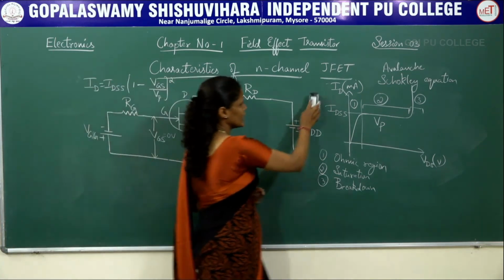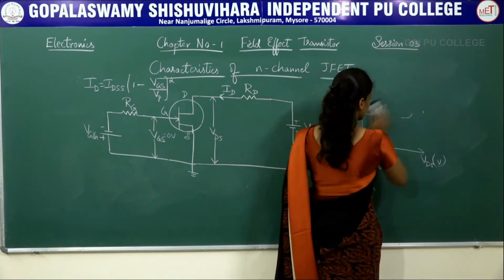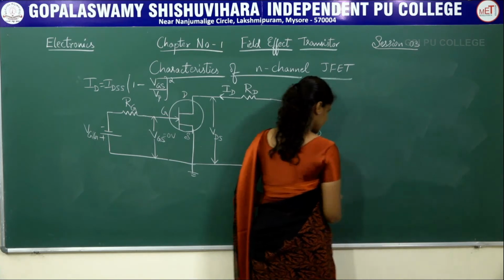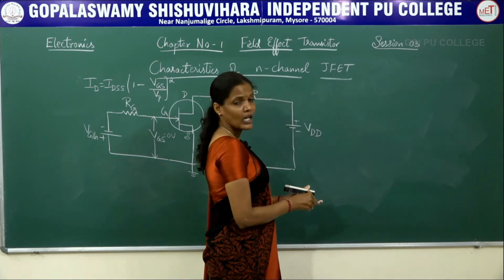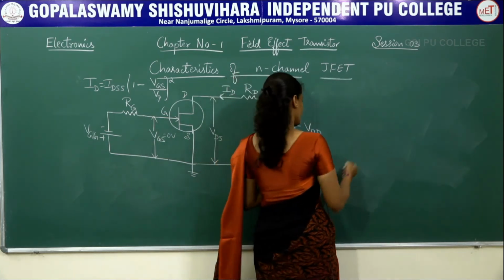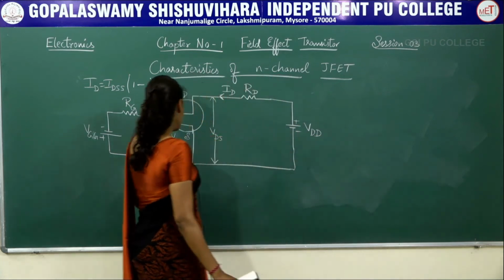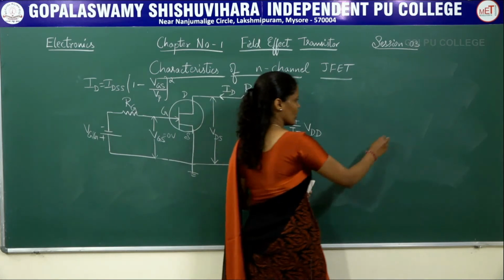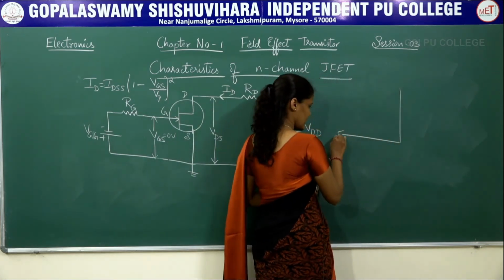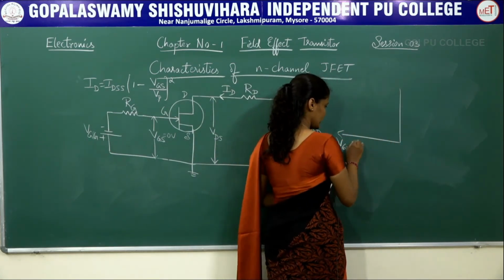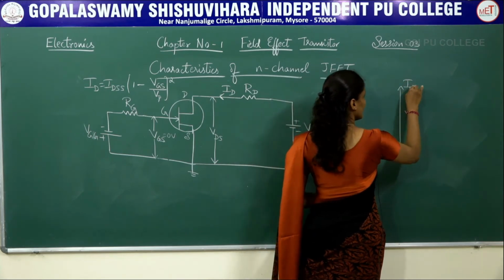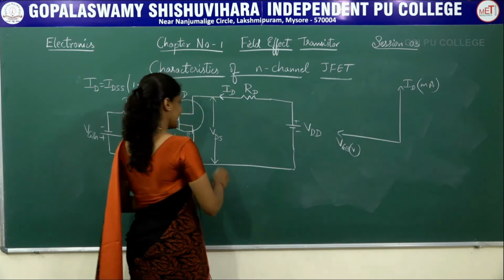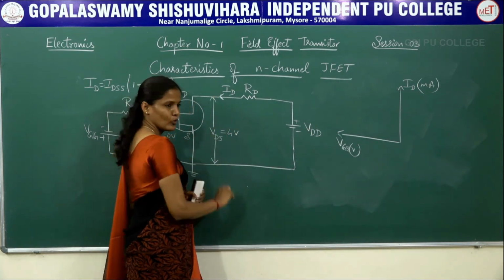Let us now try to understand the transfer characteristics of n channel JFET. Transfer characteristics are nothing but the curves which give the relationship between the gate to source voltage and the drain current, keeping VDS constant. So this is the curve, VGS in volts, ID in milliamps. Initially VDS will be set to 4 volts.